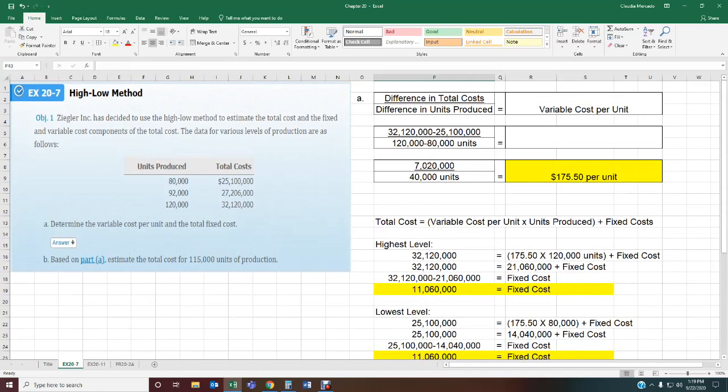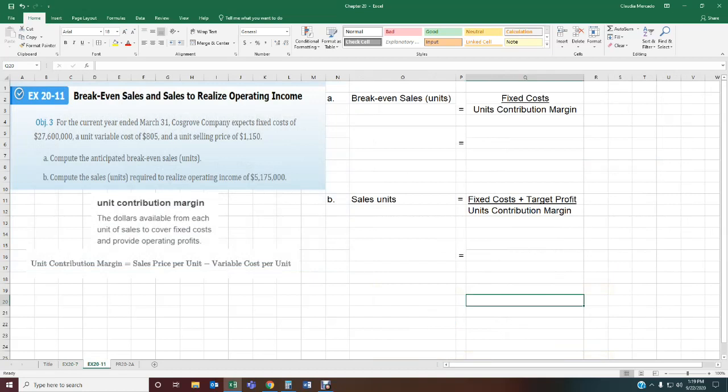Okay, so that is exercise 27. The next one we have is exercise 2011. This one deals with break-even sales and sales to realize operating income.